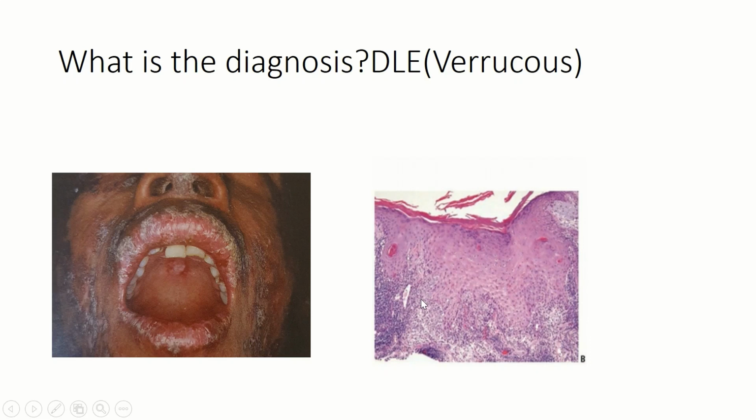As you know, in DLE the infiltration is perifollicular and perivascular, and also maybe there is follicular plugging. But this histopathology is not showing follicular hyperkeratosis.